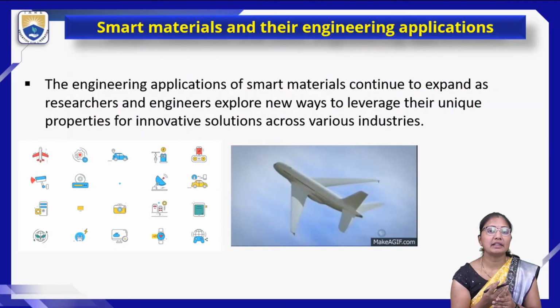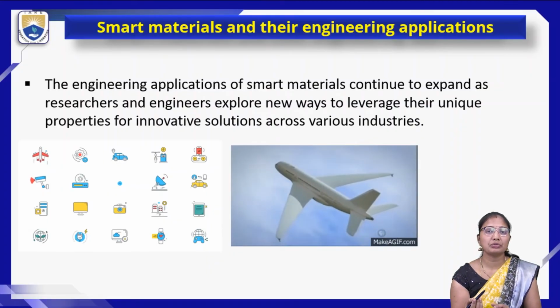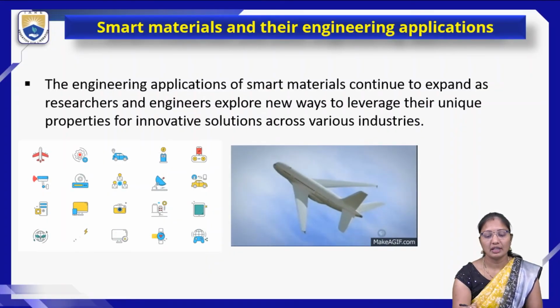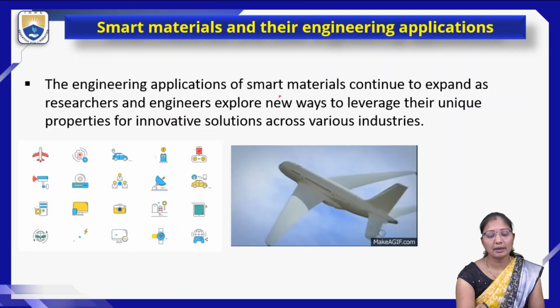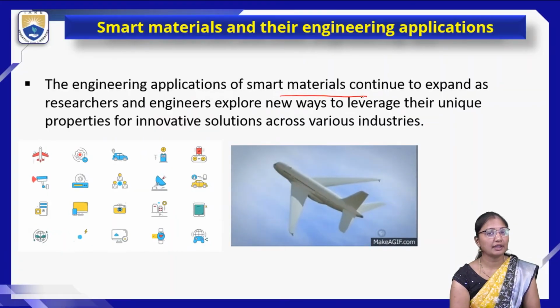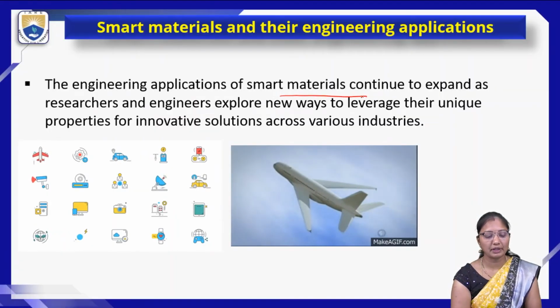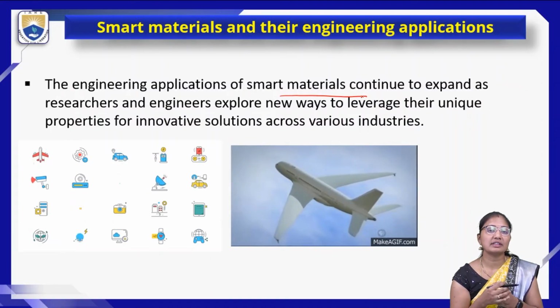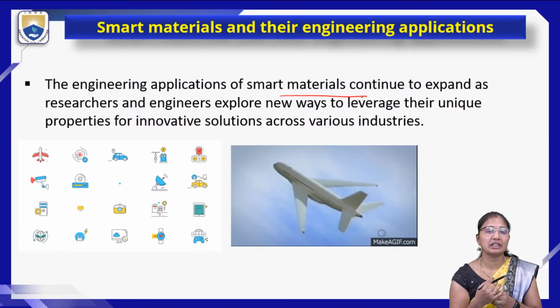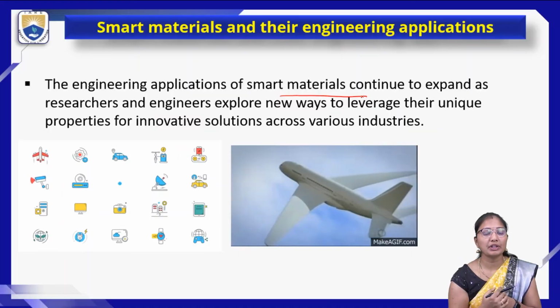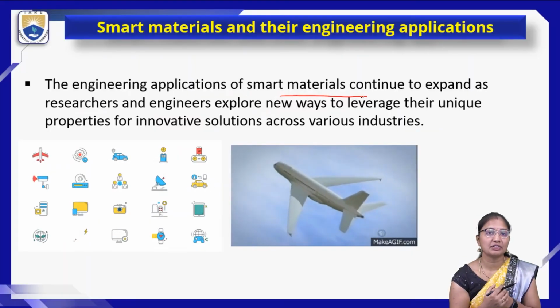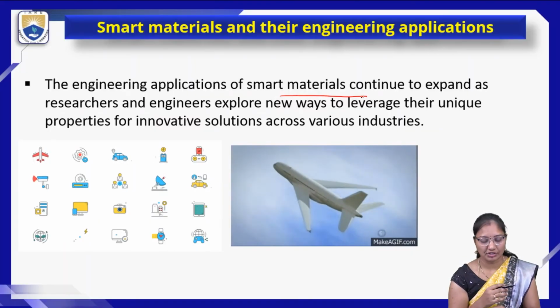This makes the materials useful in different innovative solutions across the industries. The engineering applications of these smart materials continue because of their unique properties, and researchers also expand and choose these materials to have innovative solutions depending upon the applications across various industries.